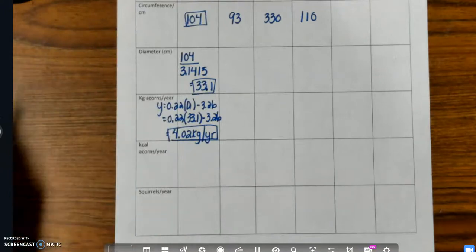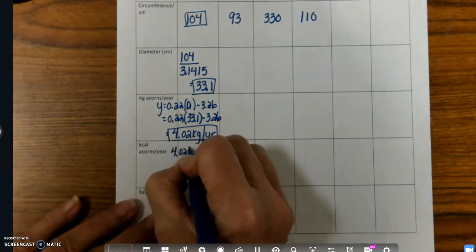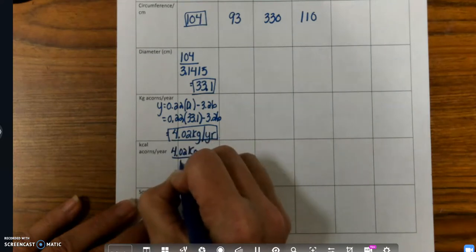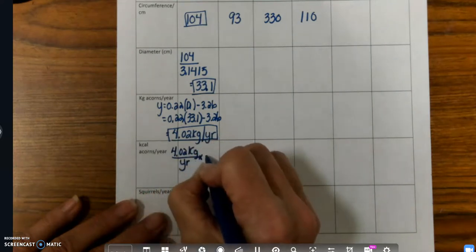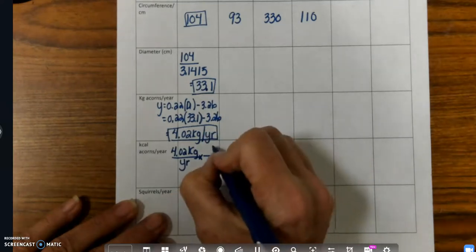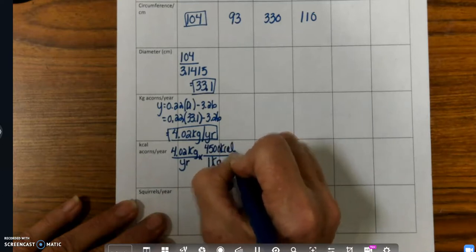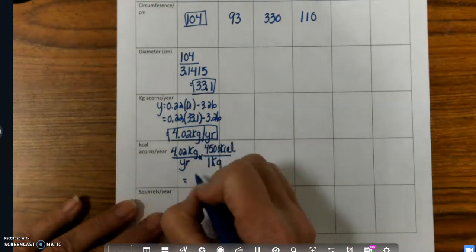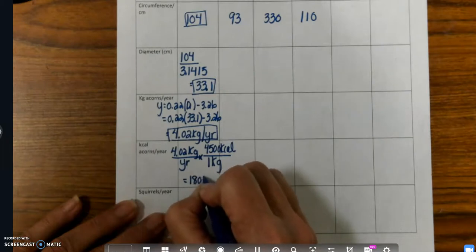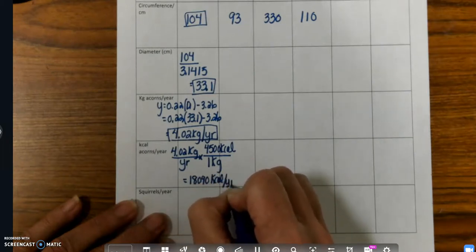All right, so let's convert. I've got 4.02 kilograms of acorns per year. I'm going to say that 1 kilogram is 4,500 kcal. Put that in my calculator, and I get 18,090 kcal per year.